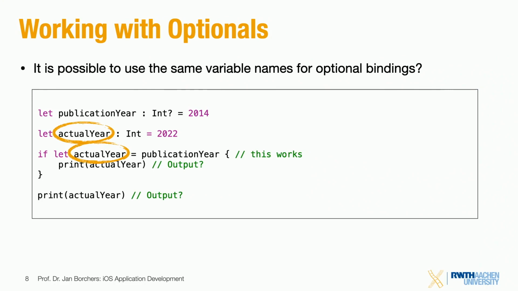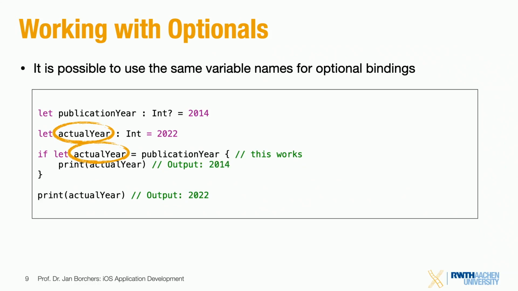But then the question also, what is the output? What will be printed out here and what will be printed out here? We define a local variable which overrides the global, but only in this context, meaning in the if it's the publication year, but outside it's still the initially defined actual year. So what will be the output here? 2014. And here? And 2022. Yes, exactly.